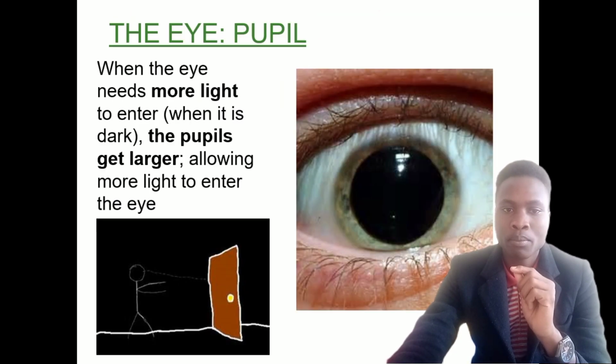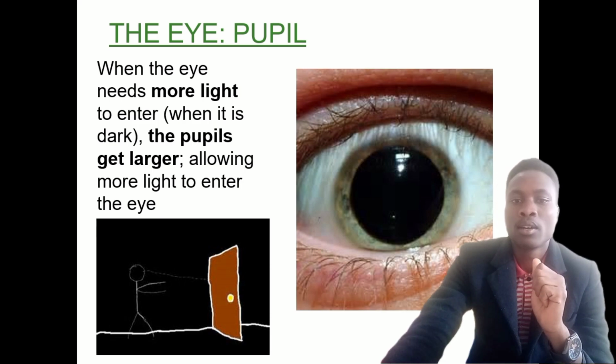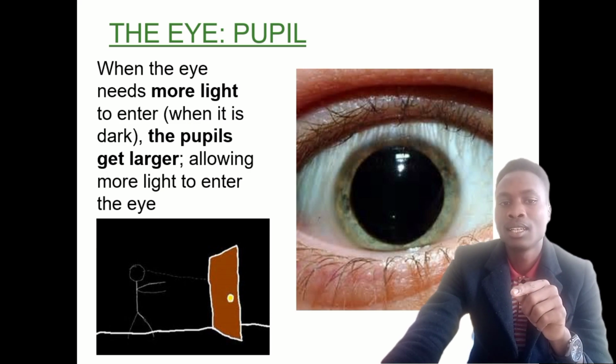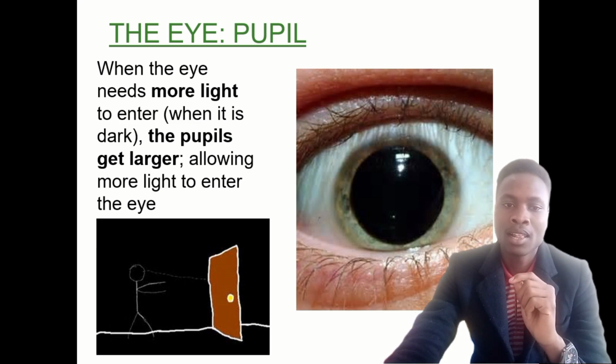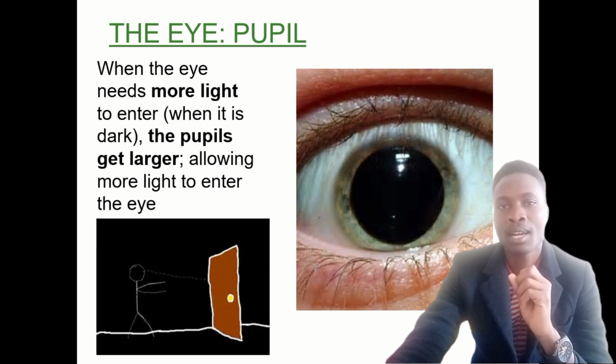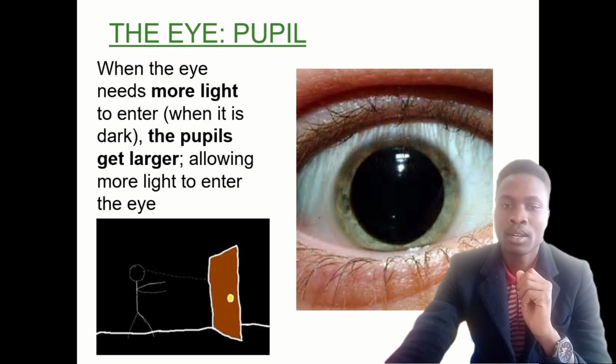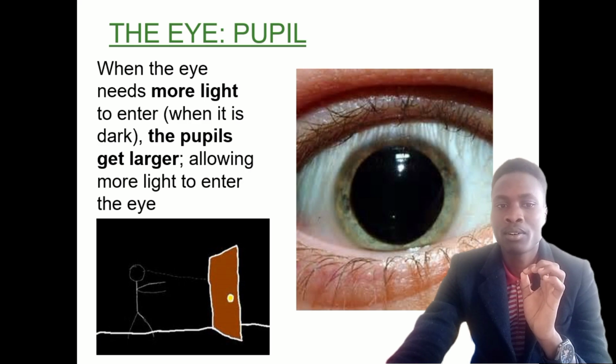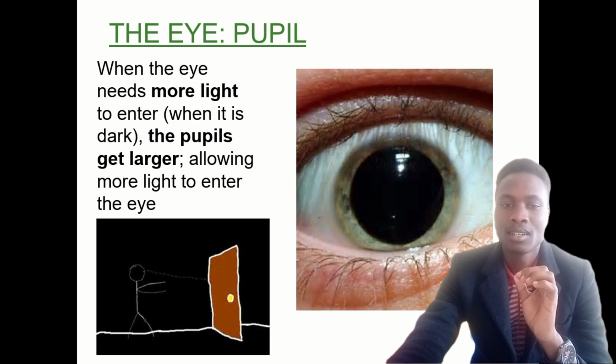When the eye needs more light to enter, or when it is dark, the pupils get larger, allowing more light to enter the eye. This is seen when you are in darkness, or at night.